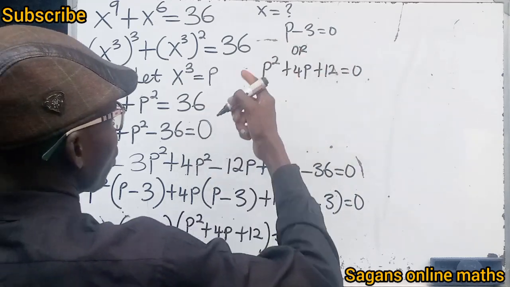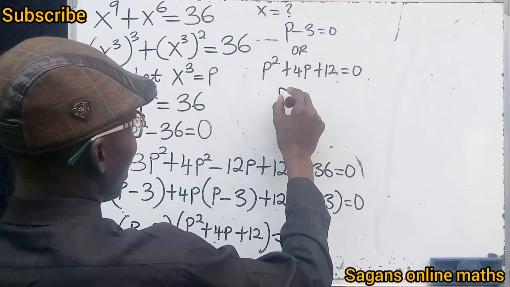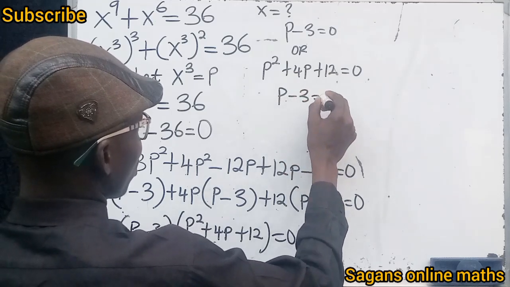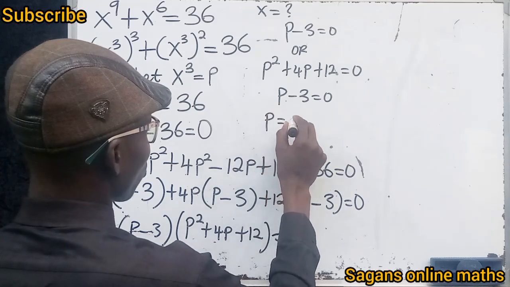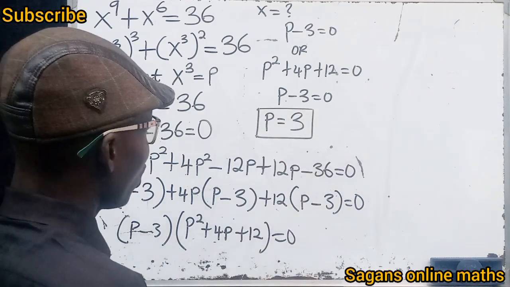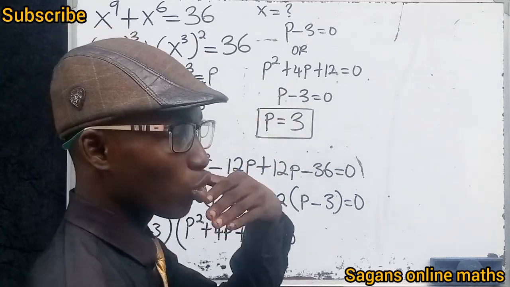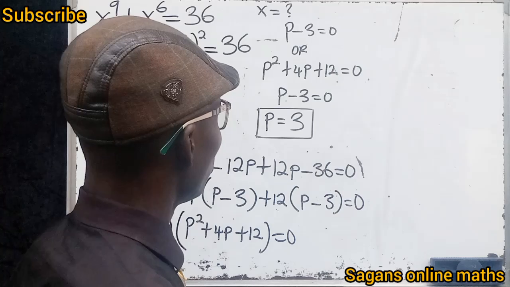Now let's solve for the value of p. From this, p minus 3 is equal to 0. Let's add 3 to both sides. That means p is equal to 3. This is the value of p. For the quadratic, you can solve it using the quadratic formula or completing the square, because you cannot factorize. So let's leave it.